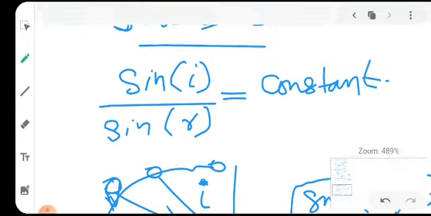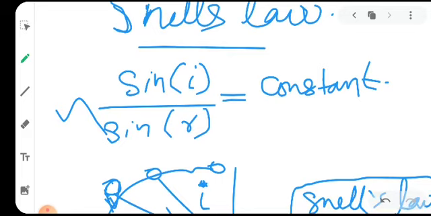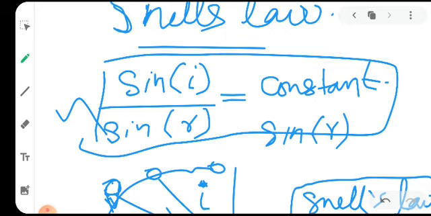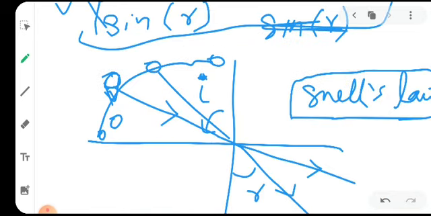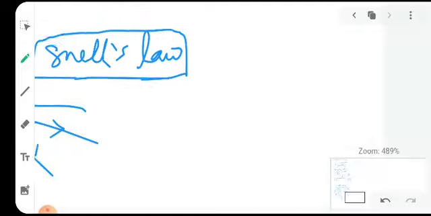Because in this equation you can see that sine R is related to sine I. This is Snell's law. So you cannot independently change R. The only independent quantity that can be changed is the angle of incidence. So Snell's law and refraction make things very interesting.